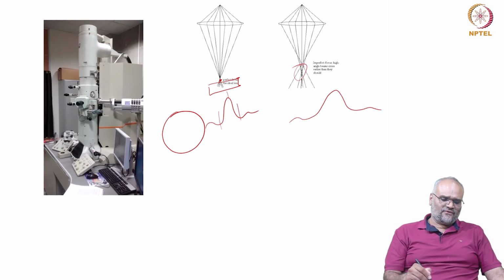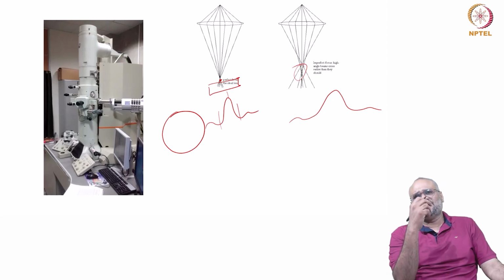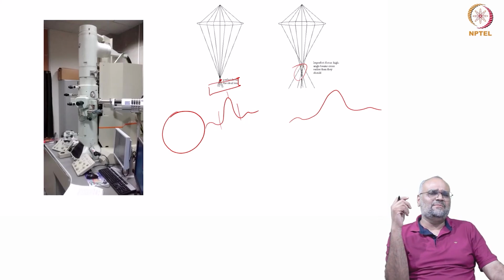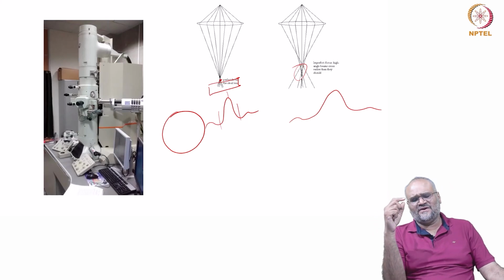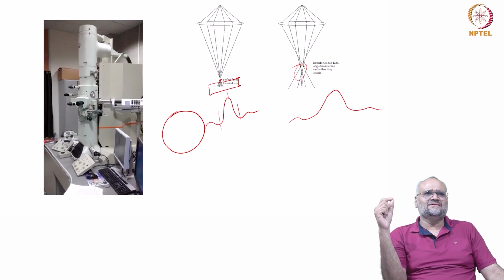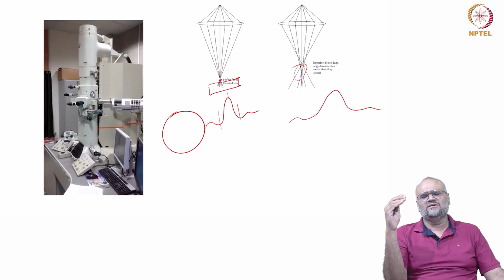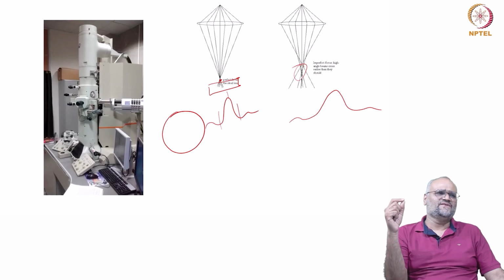This formation of a disc now gives us some kind of leverage in correcting for the aberrations of these lenses. This particular methodology of first correcting for small lens aberrations is called correcting the Ronchigram in STEM mode.